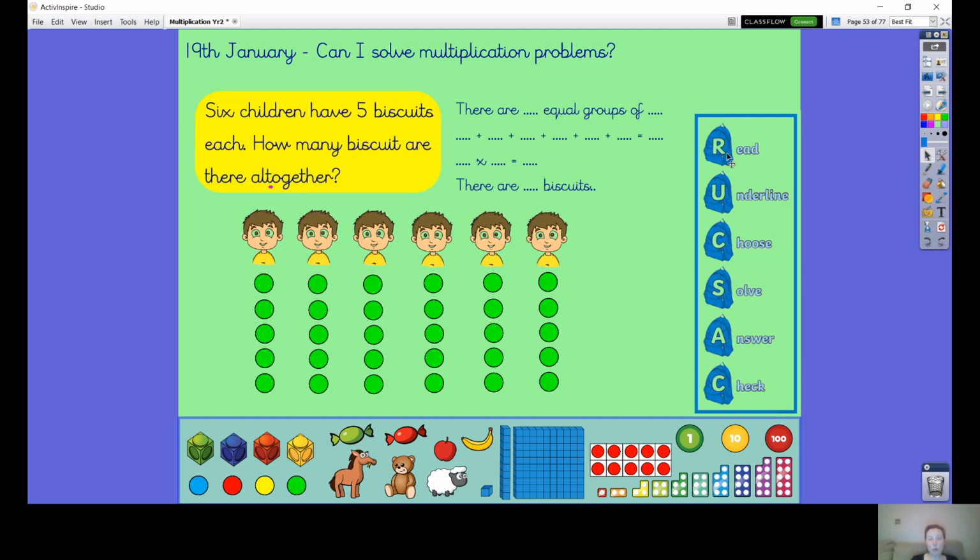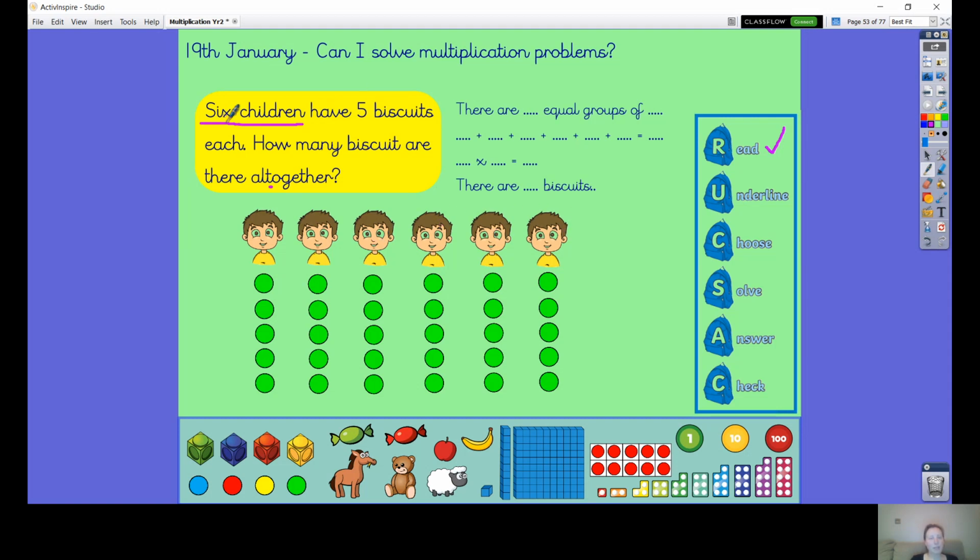So let's start with this problem and reading it. 6 children have 5 biscuits each. How many biscuits are there altogether? That's my read done. I'm going to underline. So 6 children. Now I've underlined 6 children, and what I've done down here ready is I've got 6 children down here ready.